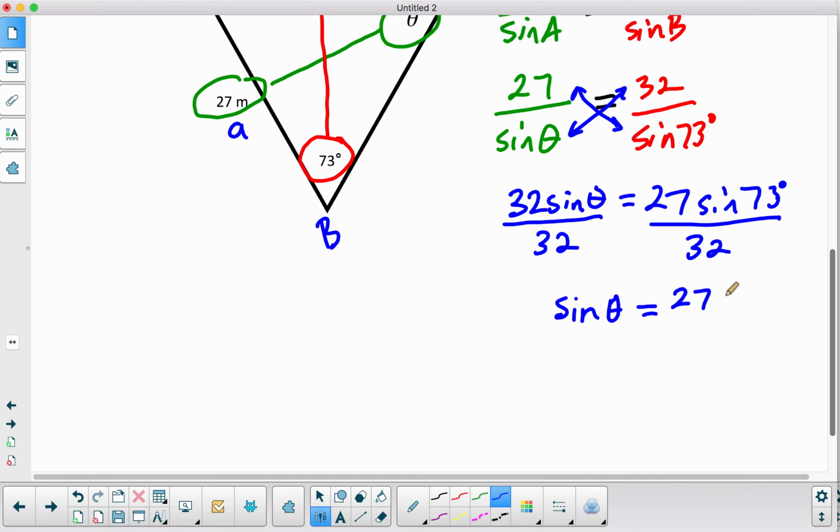So sine theta equals 27 times sine 73 degrees over 32. Now don't forget to find the angle. You have to do the inverse sine. So sine to the negative 1 of this calculation.